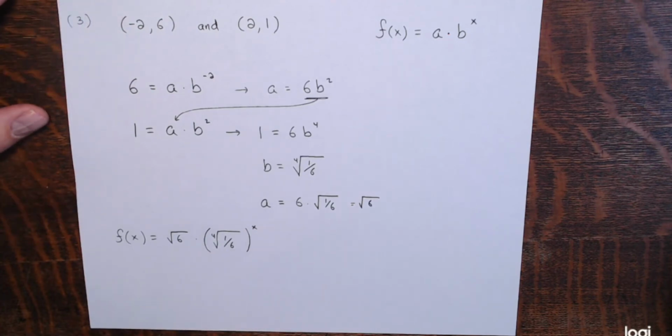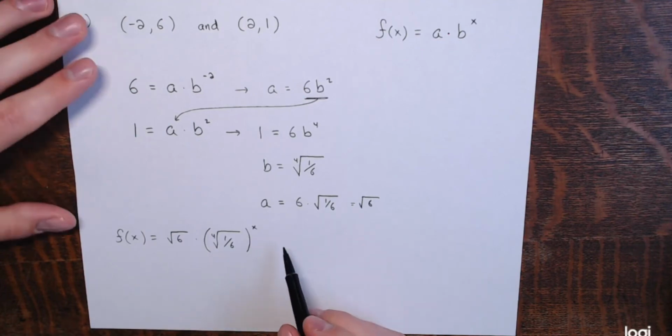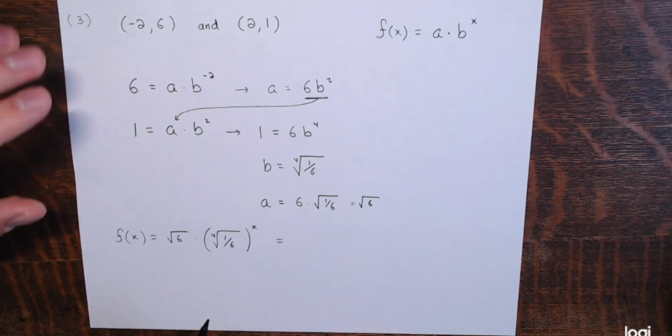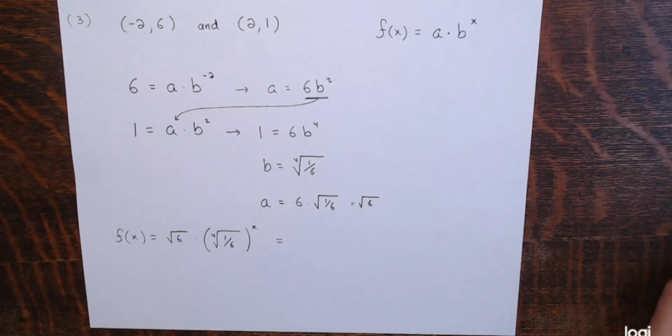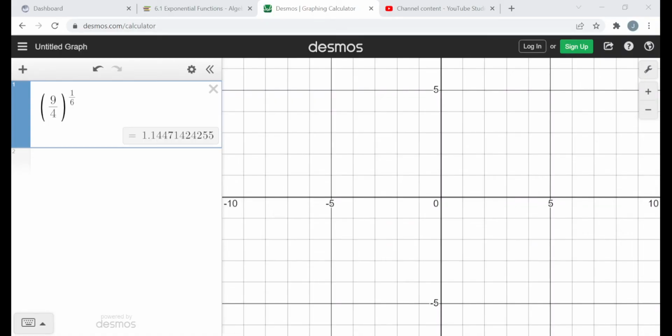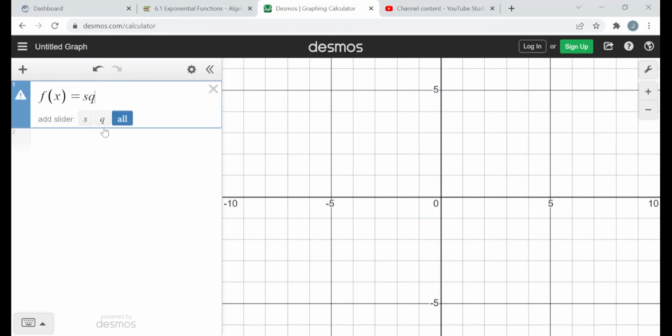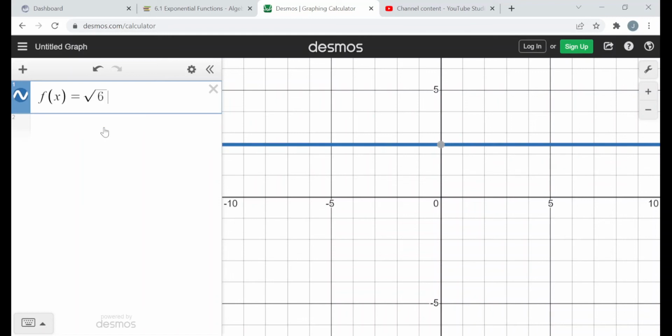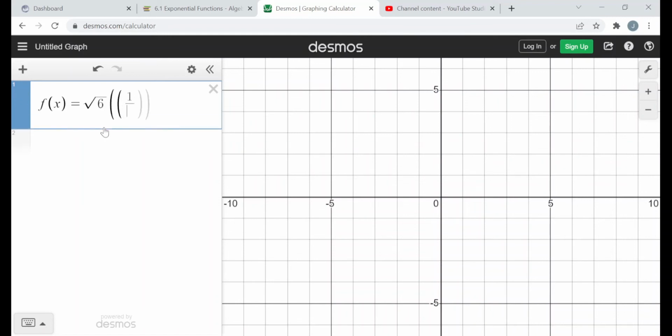And if you're having a hard time checking that, well, let me actually punch this stuff in. I'm going to go to the calculator and we'll round these things. First, I'll enter this function the way I have it. I have f of x equals the square root of 6 times, and then I'll put 1/6 to the 1/4 power.